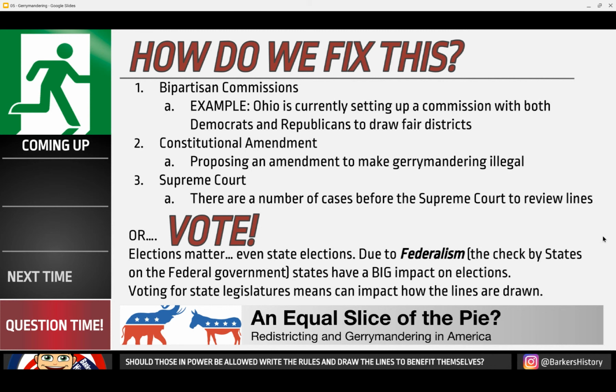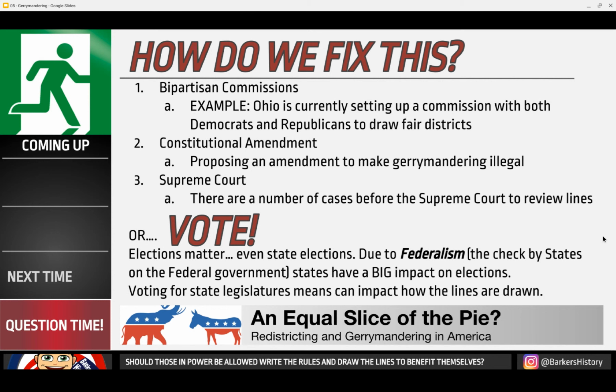Your state could be fairly conservative or fairly liberal, but if enough of those liberal or conservative voters don't show up to the polls, then a kind of minority section of your state, of your population, could actually decide everything for you. And so in 2010, when it was a census year, there was a wave of Republicans that swept into Congress.